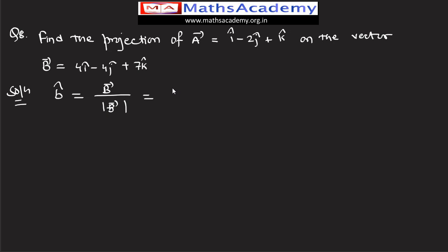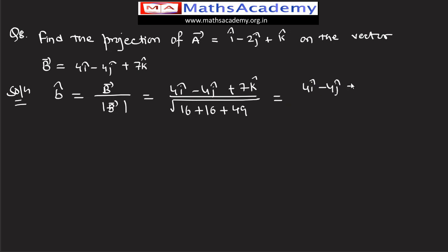So now it will be 4i minus 4j plus 7k, and in the denominator we have the root of 4 square is 16, then 4 square is 16, then 7 square is 49. Now we have 4i minus 4j plus 7k, and here we have root over 81, that means 9 only.